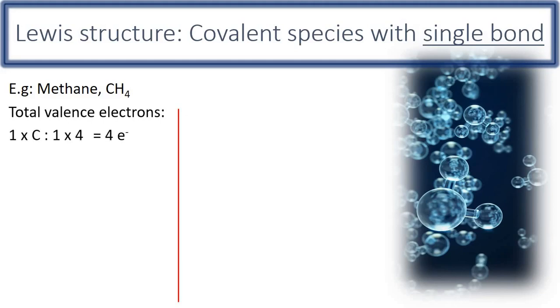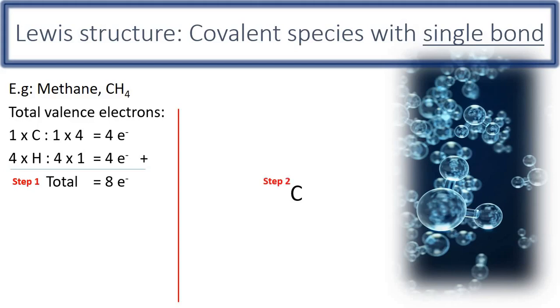One carbon atom has 4 valence electrons, whereas 4 hydrogen atoms with 1 valence electron each add up to 4 valence electrons. Therefore, we have 8 valence electrons in total. That was our first step. Next, place the carbon atom as the central atom. This was the second step.